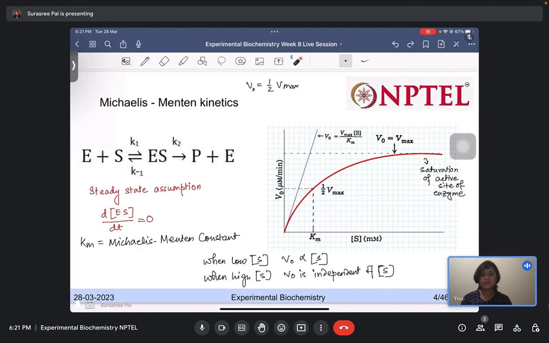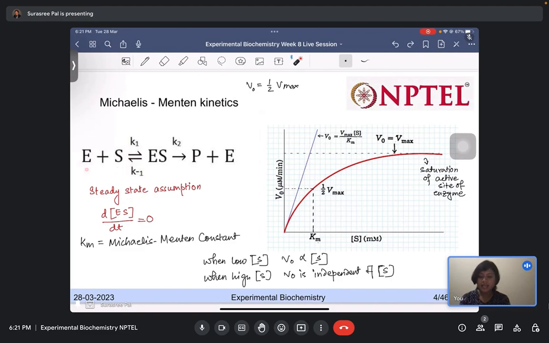And in between, when it binds to the substrate, it forms the enzyme substrate complex, which is called the ES. If we look at this scheme, E stands for enzyme and S stands for substrate.